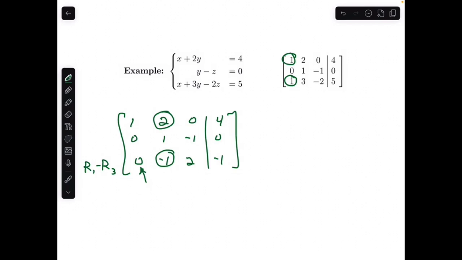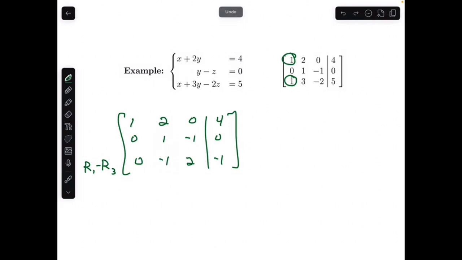So whenever you're trying to get the 0 in this bottom middle position, you have to use the number that's right above it. So I'm dealing with a 1 and a -1. So that's easy to combine into a 0. Just by adding those together, I can get a 0.